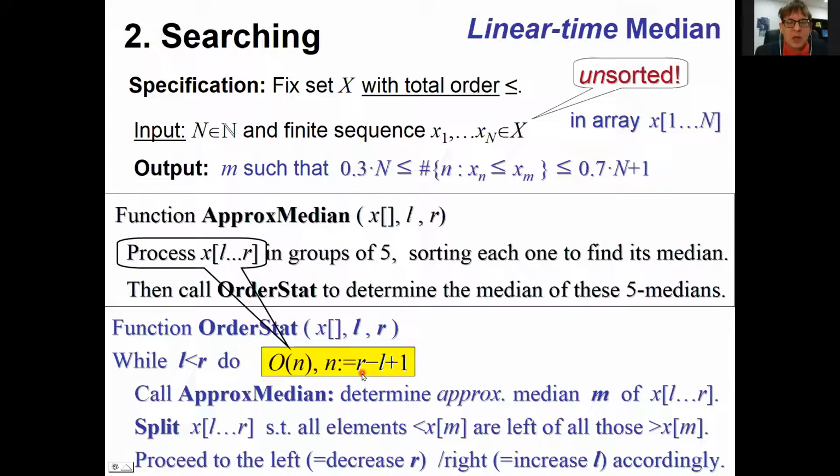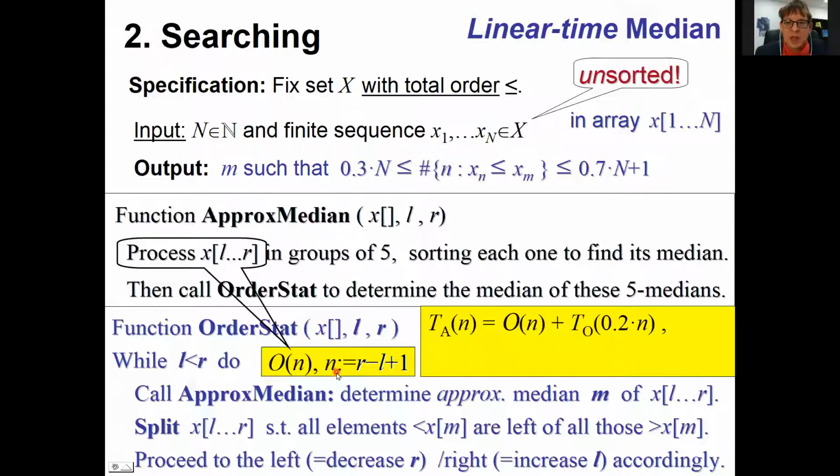The length of the subarray is the right index minus the left index plus 1. That's our n. And I'm going to argue that both algorithms, calling each other recursively, repeatedly, have a running time which is linear in that number n.